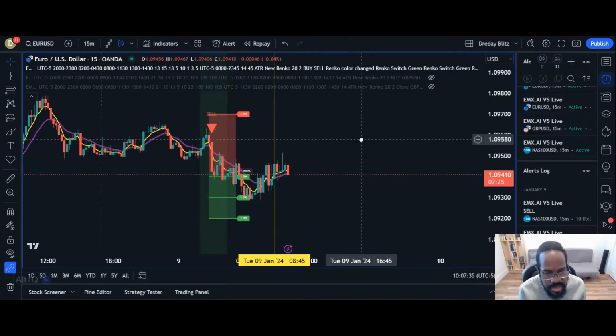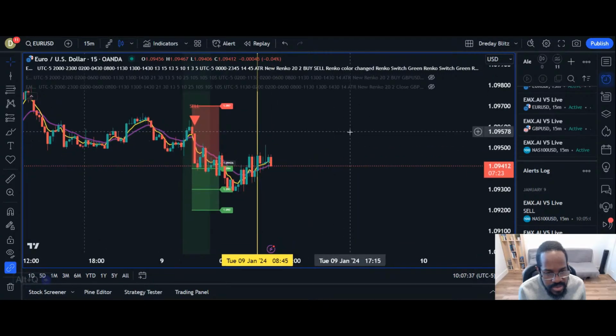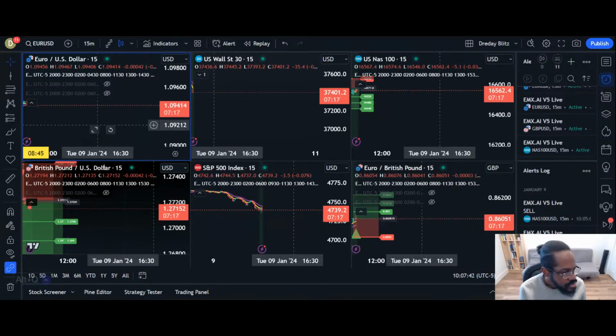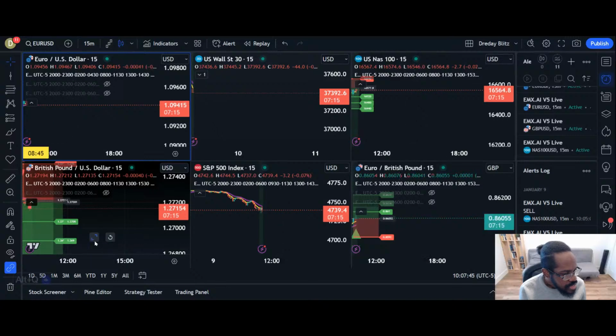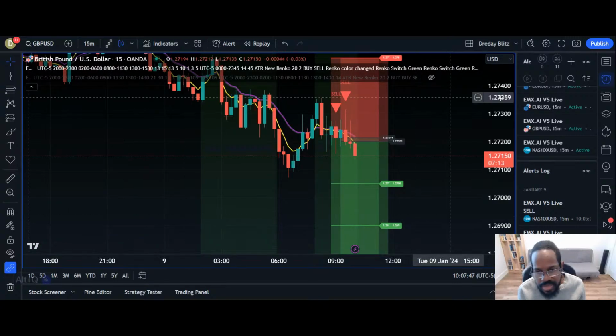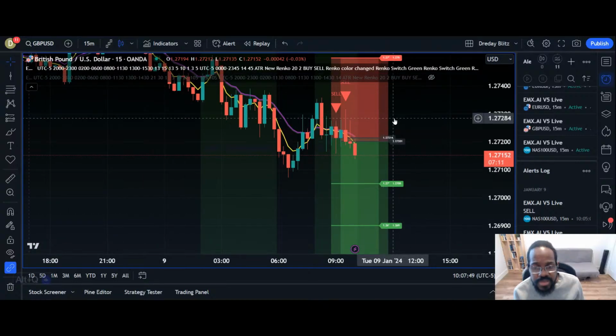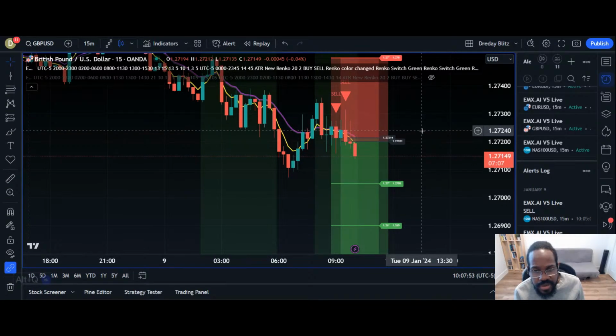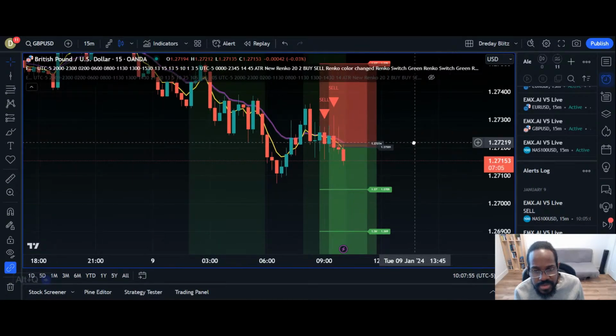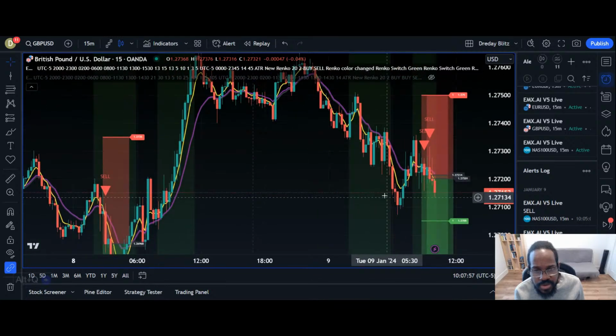So EURUSD is starting to trade down at this moment. If you're on that sell since London, it should be good. Now we have GU continuing going down.